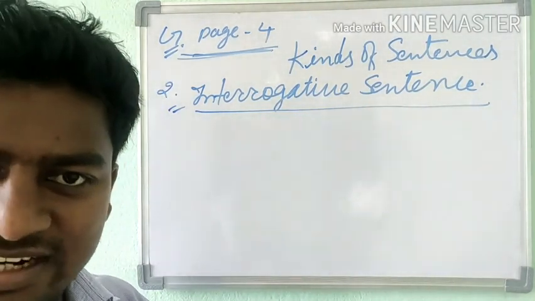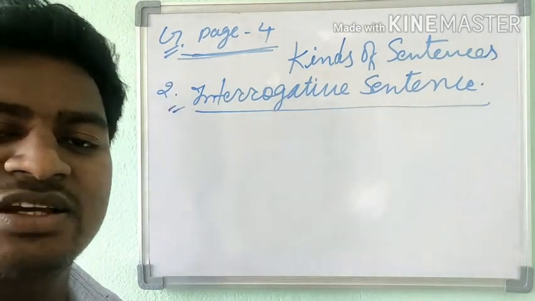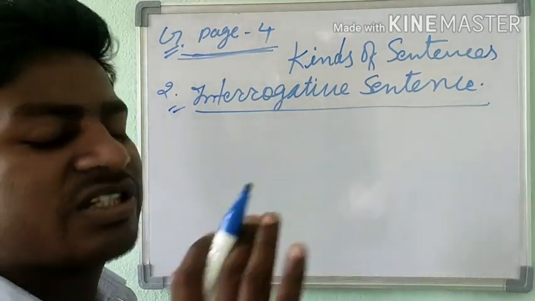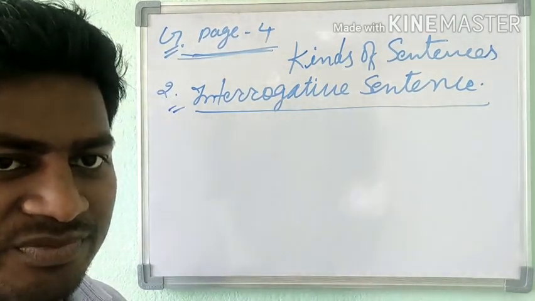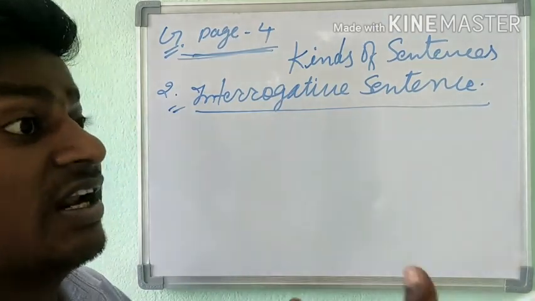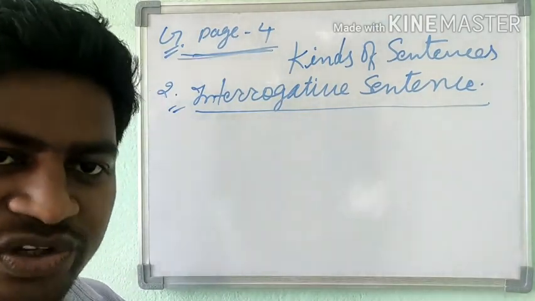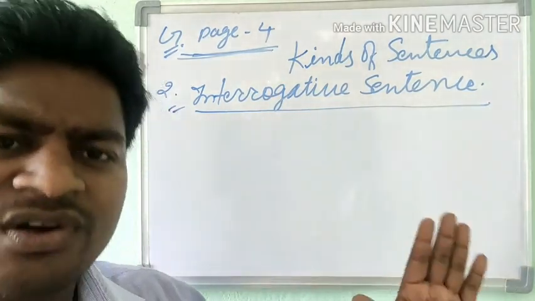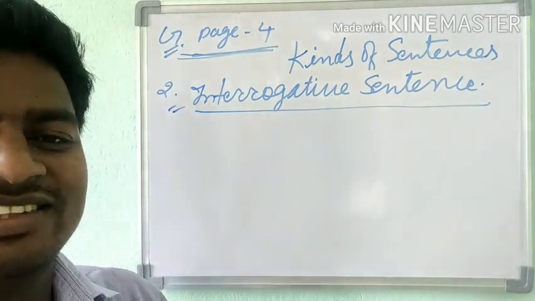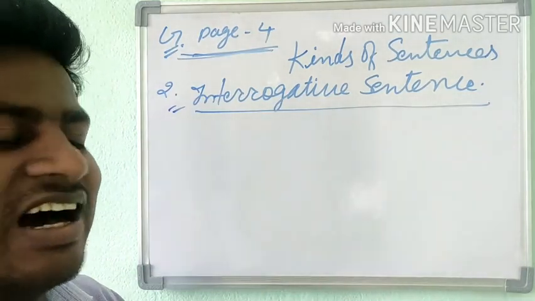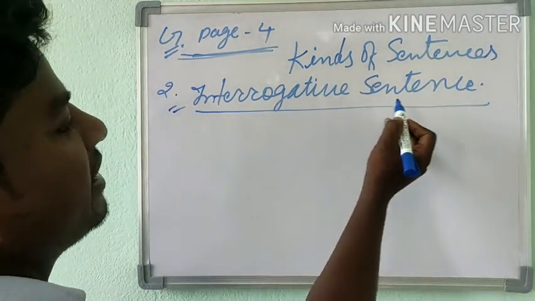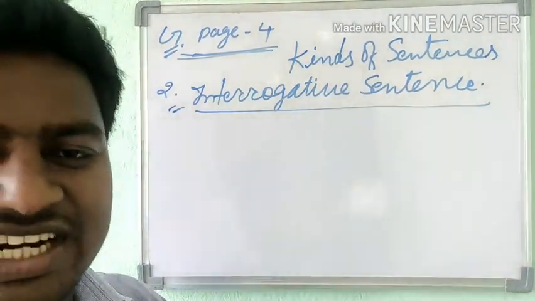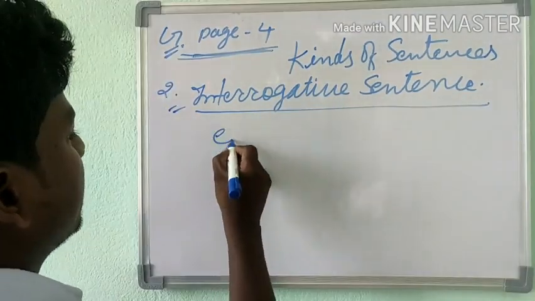Any kind of sentences that are asking questions are called interrogative sentences. We make questions, no? Like, where are you going? Did you eat? What did you eat? Did you sleep well at night? So whatever questions we are asking, those kinds of sentences are called interrogative sentences.